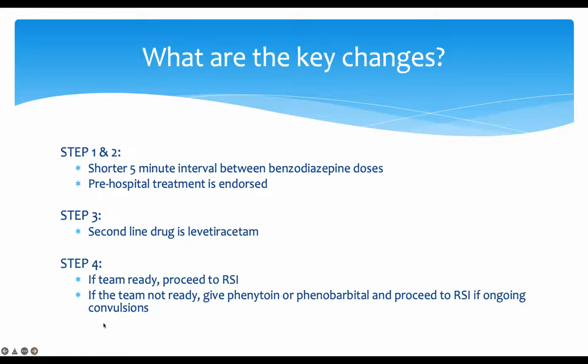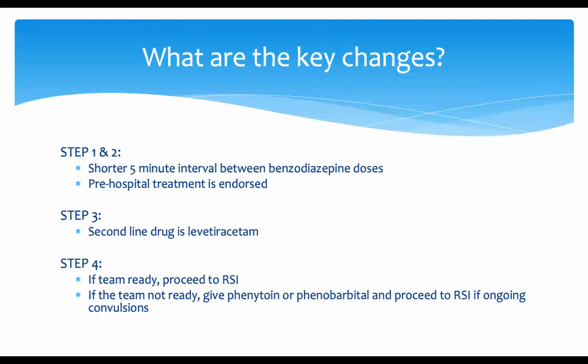What has changed is basically the time interval between step 1 and step 2. We kept benzodiazepines as the first line management, so dose 1 and dose 2. However, the time between step 1 and step 2 has been changed to 5 minutes. I can explain the reason behind that either in the discussion or during further conversation.